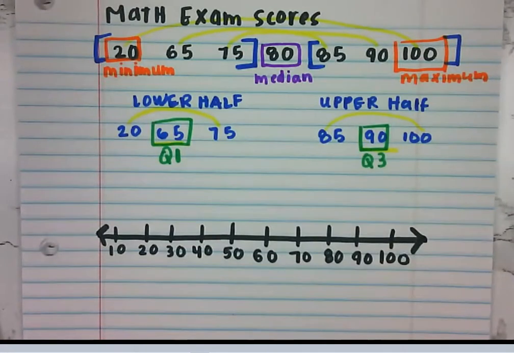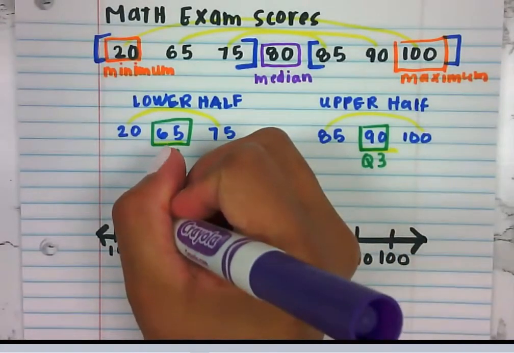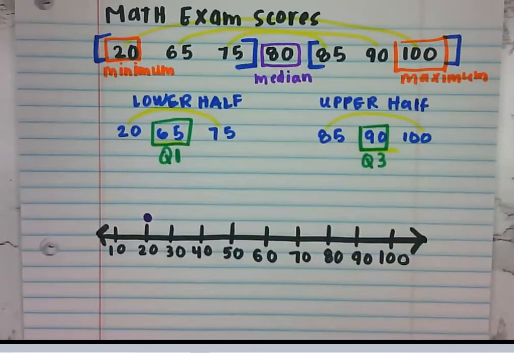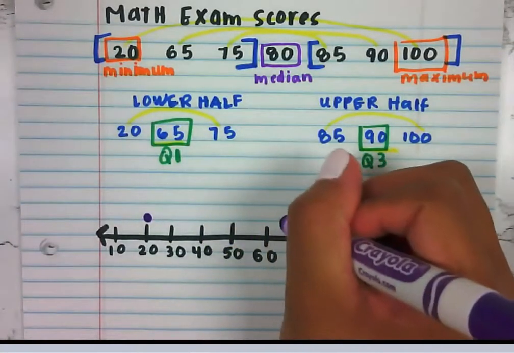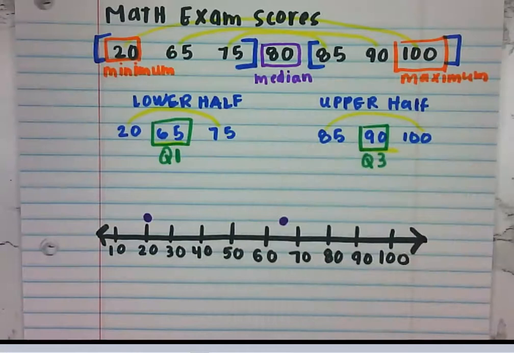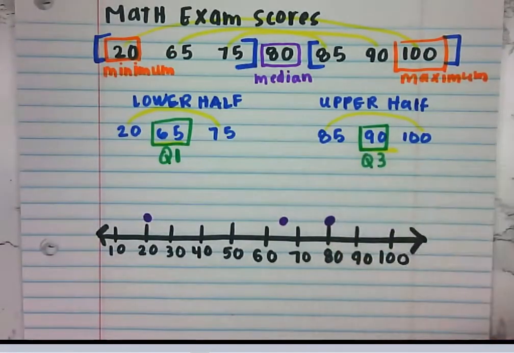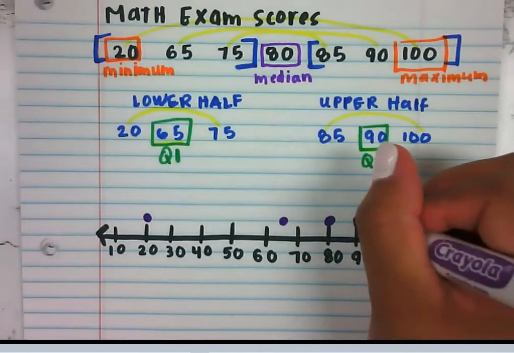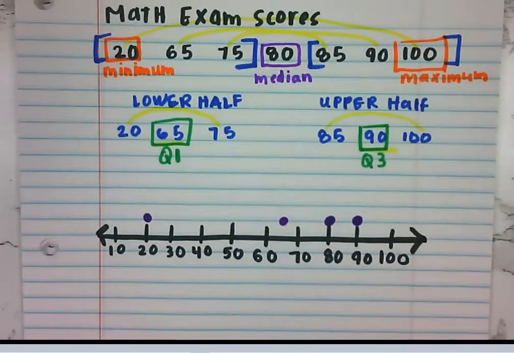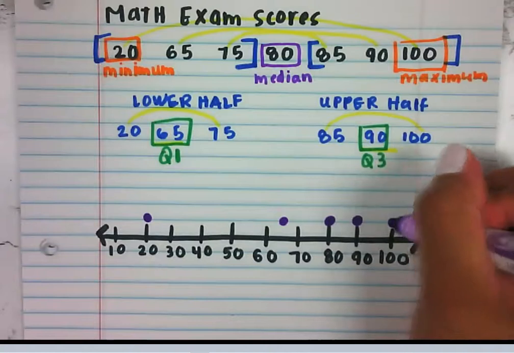I've made my number line, and now I'm going to simply plot my points. So let's plot these 5 points. So my first point I'm going to plot, 20. 65 for quartile 1, so in the middle of 60 and 70. 80 for my median. 90, quartile 3, and maximum 100.